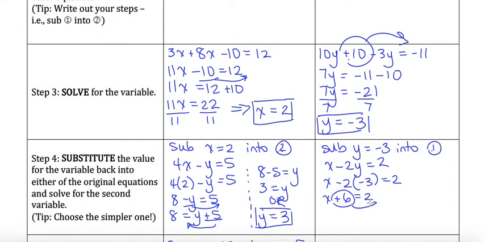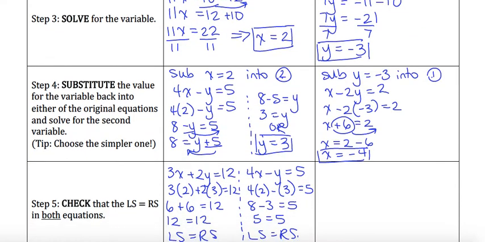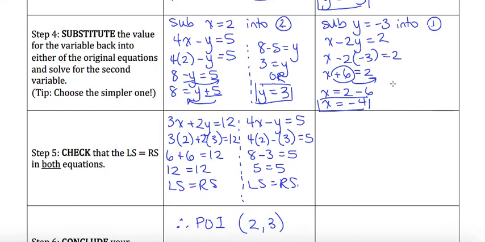Let's move this 6 over. So it becomes a negative. So x is equal to 2 minus 6. So x is equal to negative 4. Now I have a value for x and y. So now I need to do my left side, right side check.